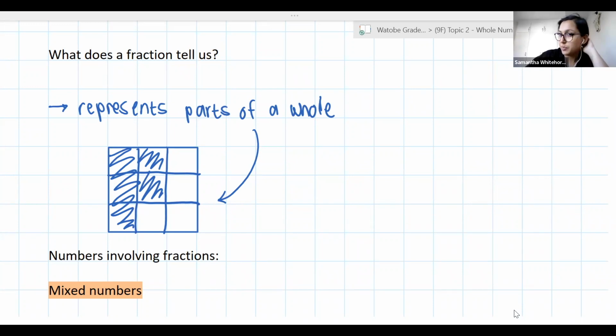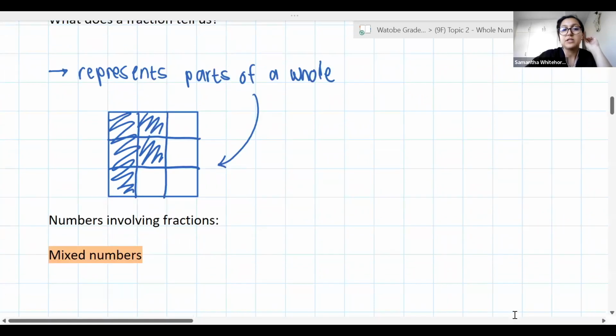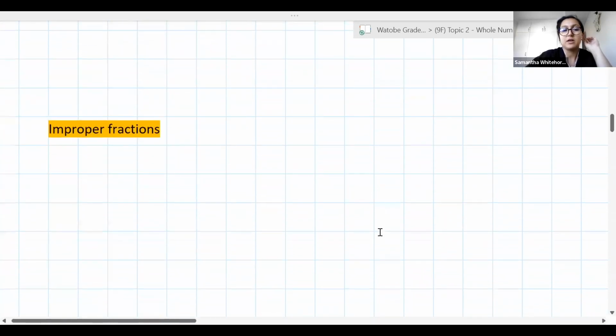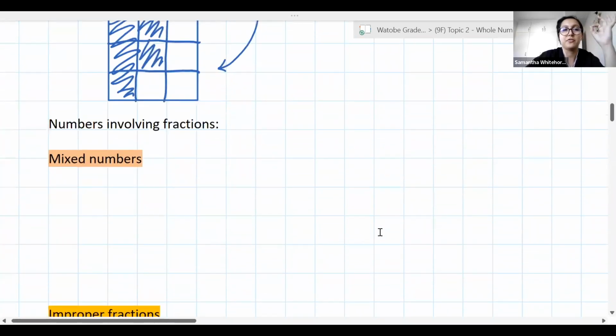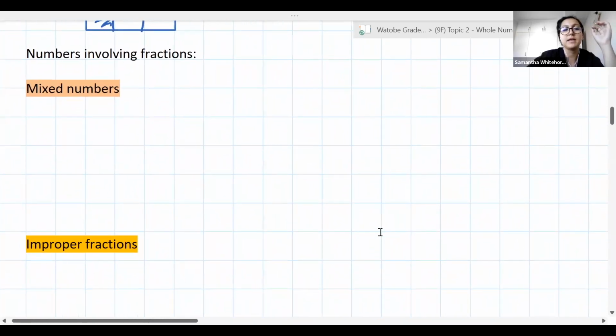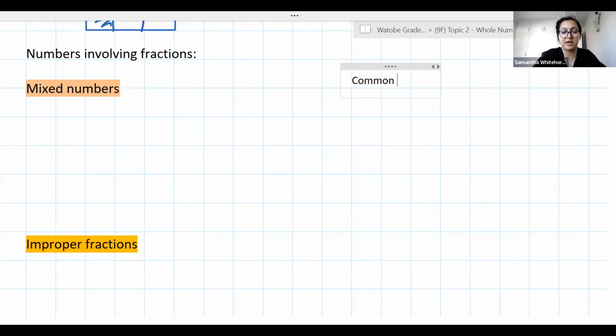Now, Tsapang has also put quite a nice definition of a specific type of fraction that we're going to look at, but I'm going to get there in a second. Right, so like I said, we've got different numbers that can involve fractions. Now here, I've only got mixed numbers and improper fractions, but Tsapang has actually reminded me that we have a very basic type of fraction, which is our common fraction.